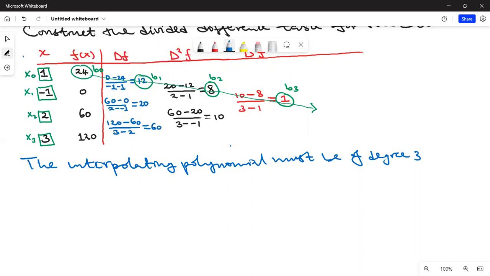So our polynomial cannot be of degree greater than 3 because the last value there is the third divided difference of f. We're simply operating on f.